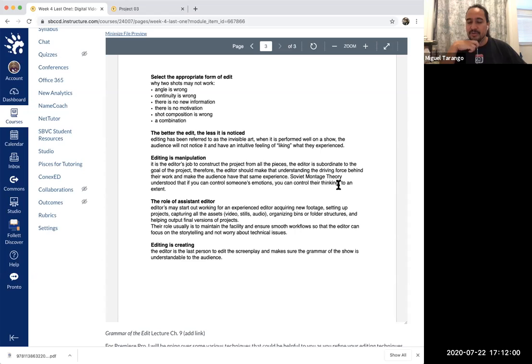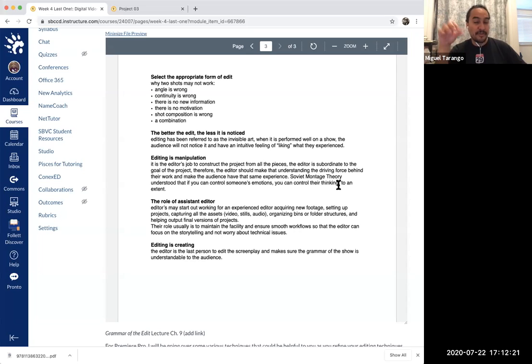Now, the book does talk about the editor being the last person. Of course, we do have review. We do show it to the director. We do show it to the producer and studio, and unfortunately, we do have to go through audience reactions and feedback.